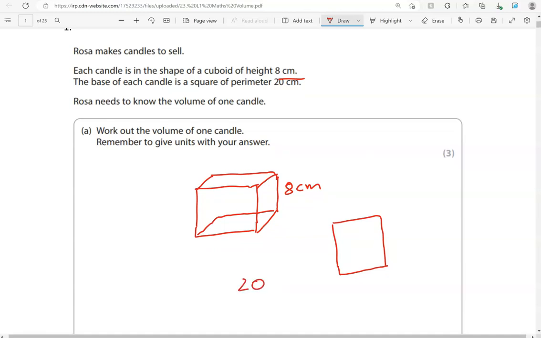So perimeter is worked out by adding the 4 lengths, and as it is a square, these lengths are the same. So 4 lots of the side length will give us 20. So what is the side length? What is that number we multiply by 4 to give us 20? That is 5.